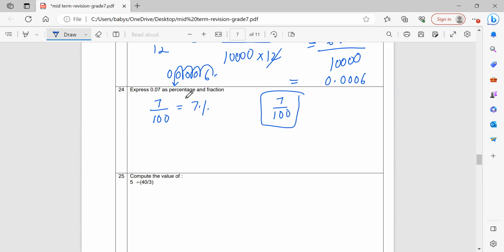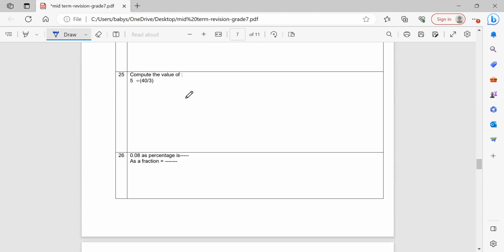I mean there is nothing to convert here, I'm saying. Compute the value of 5 divided by 40 by 3. That will be equal to 5 by 1 divided by 40 by 3. So we can write it as 5 by 1 into 3 by 40. So 5 ones are 5, 5 eights are 40, which is 3 upon 8.